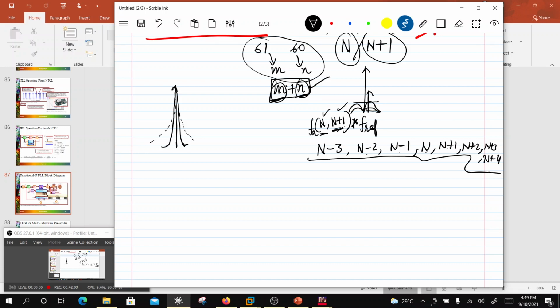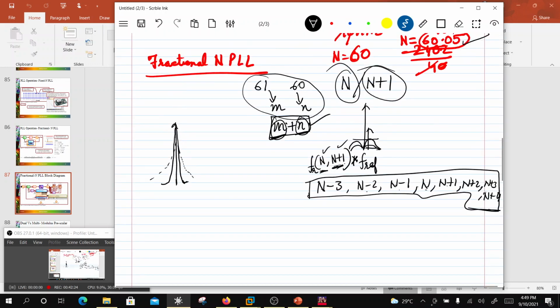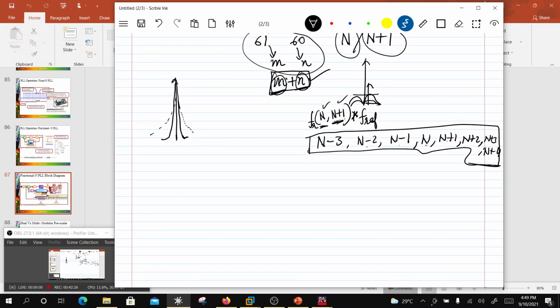And this is being done by randomizing n and n plus 1, or rather randomizing 8 states now. If I randomize these 8 states over a fixed number of cycles, then I would be able to shape this phase noise. So that's the principle of phase noise shaping.